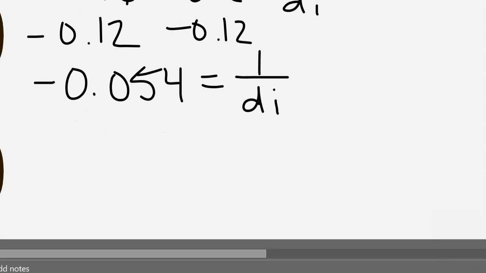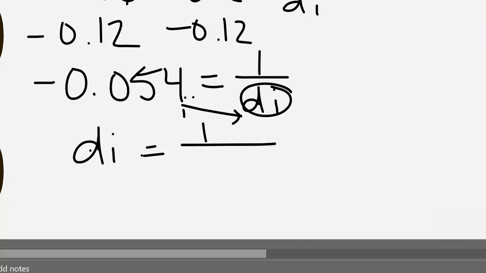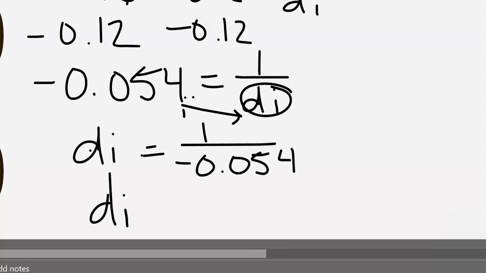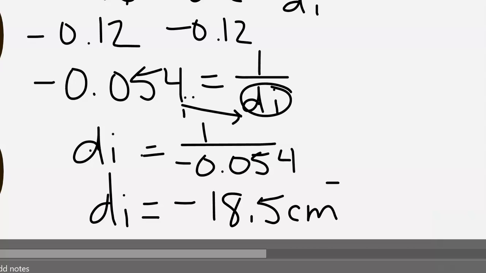And then basically you need to flip these two in order to solve for your DI. DI is going to equal 1 over negative 0.054, and when you plug that in, you should get a DI of negative 18.5 centimeters.